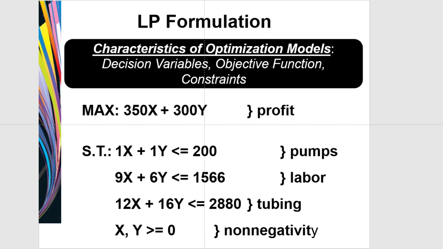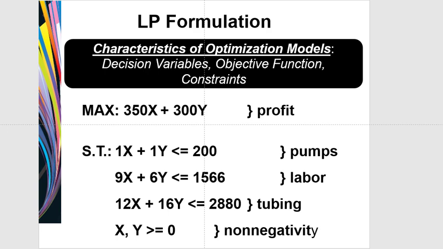We have the labor constraint, and we are told the company has a maximum of 1,566 hours, and that each aqua spa product requires 9 hours, while each hydrolux product requires 6 hours each, and that the summation of all the hours used in producing the products should not go above 1,600 labor hours.